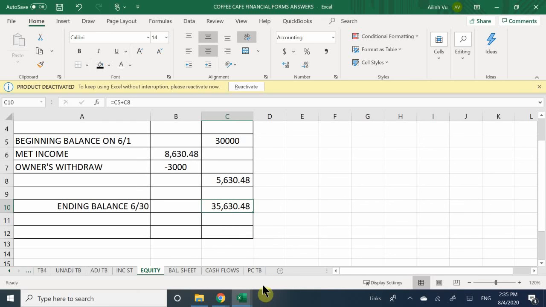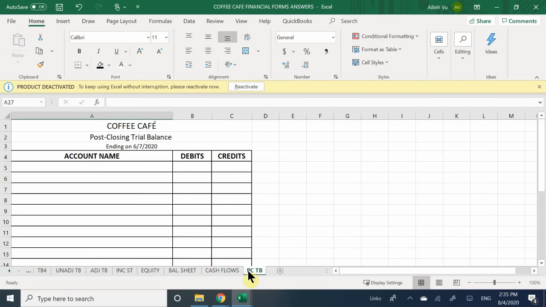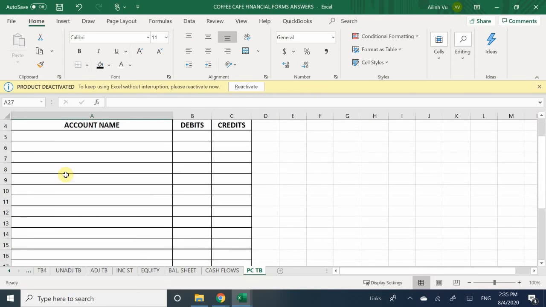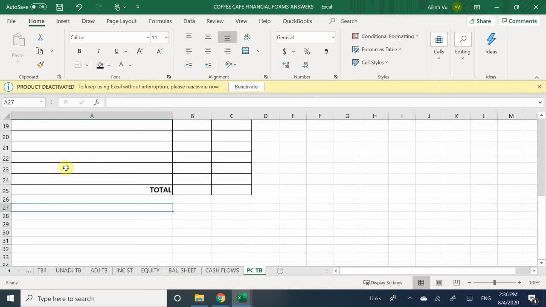And once you've done that, and you've properly closed out every single account, that is where you're going to go into your post-closing trial balance. Now, this is basically just to confirm that equity is the way it says it is.